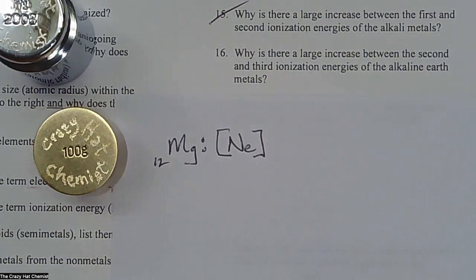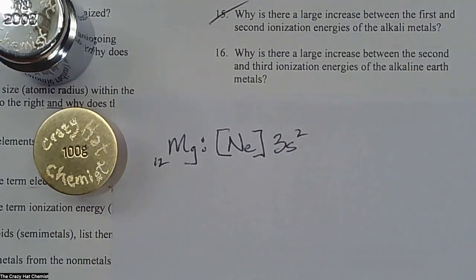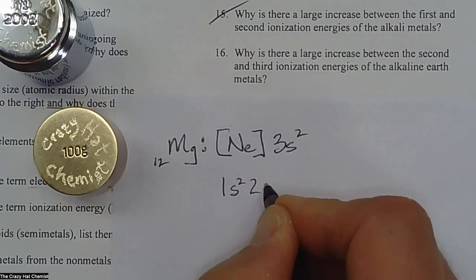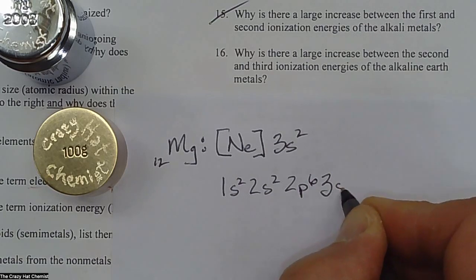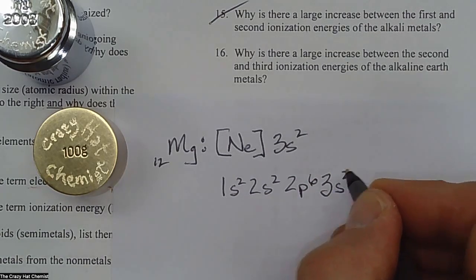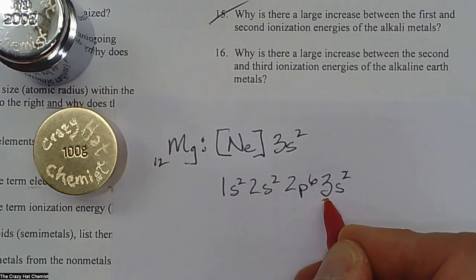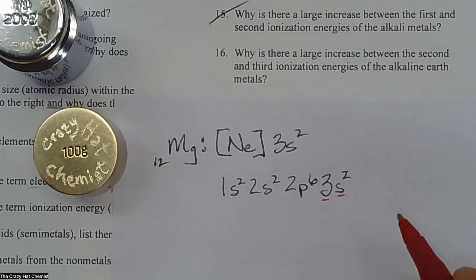So neon, and then 3s2. If I were to write this out fully, it would be 1s2, 2s2, 2p6, and then 3s2. So where are the valence electrons? It's the largest principal quantum number. That's a 3 in this case.